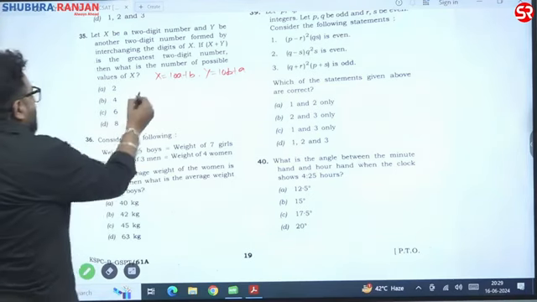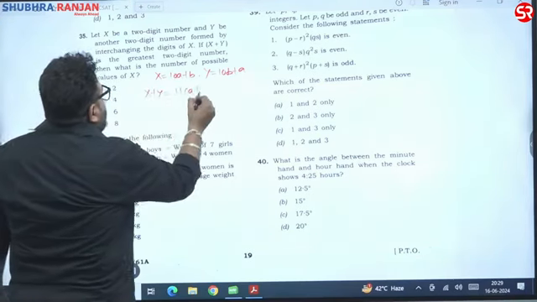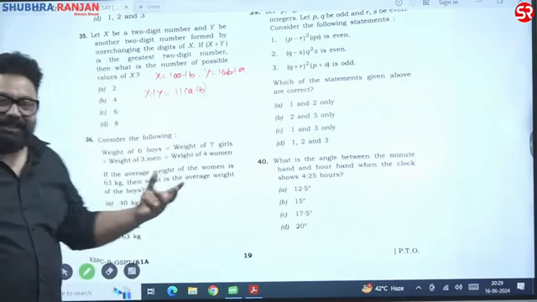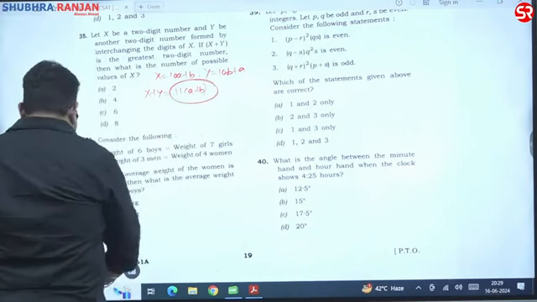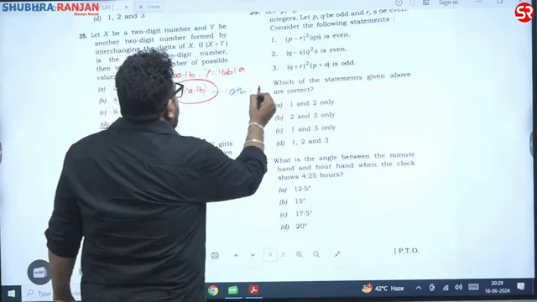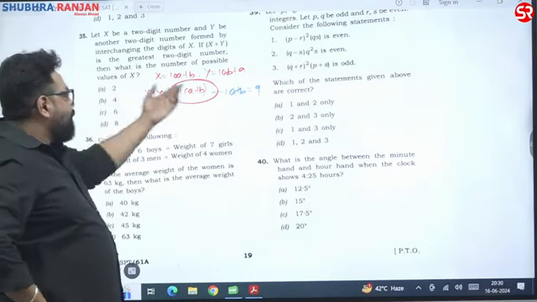So what would be x plus y? If you add, this is 11 times a plus b, right? It is the greatest two-digit number, which means definitely this a plus b has to be 9, right? So if a plus b is equal to 9, then he says what is the number of possible values of x?